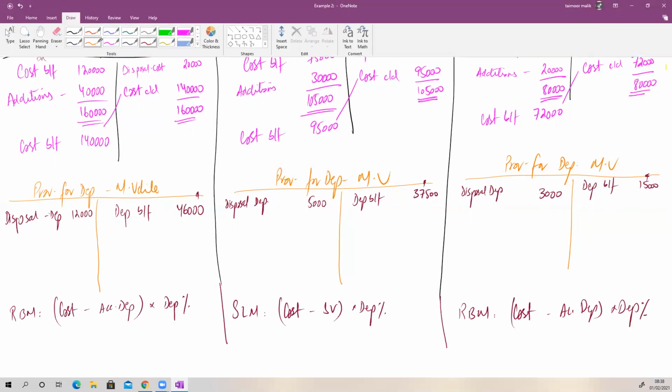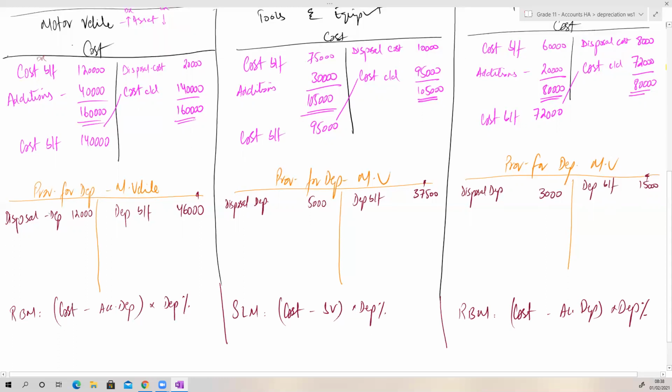Now, if I look at this, what is the closing cost over here? 140,000. Leftover assets depreciate होंगे ना? What is accumulated depreciation over here? देखो, you had previous brought forward depreciation of 46, जिसमें से 12 तुमने निकाल दी, तो बची कितनी?